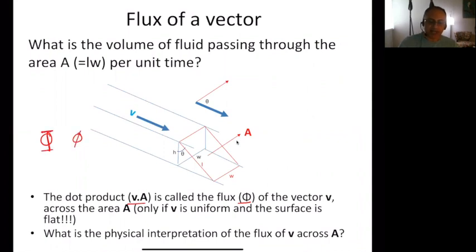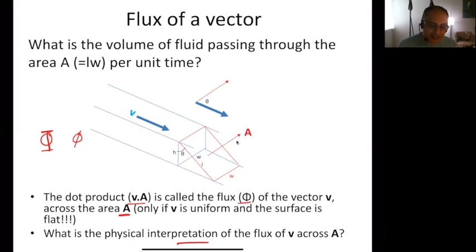So the symbol for flux is capital phi. And so the flux of the velocity vector across the area A, which is V dot A, is phi, right? And its physical interpretation, just to repeat myself, is that it's the amount of fluid that is flowing across the area A every second, right?